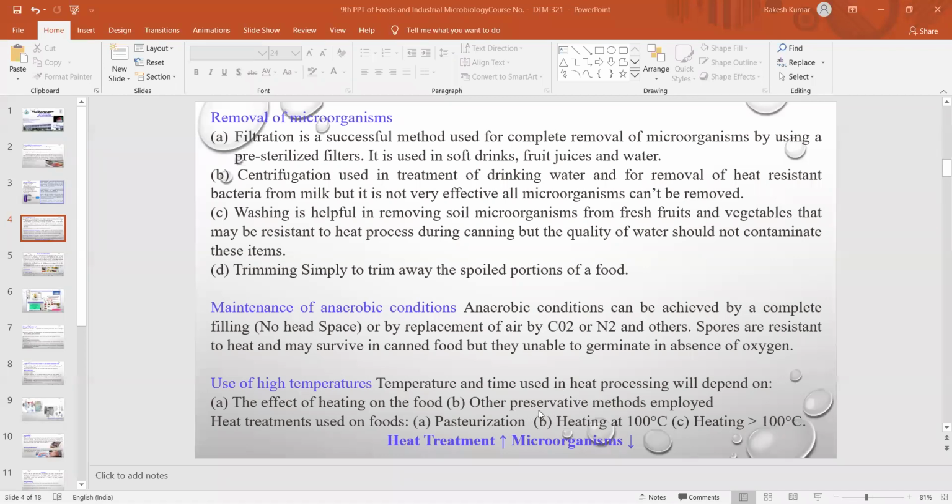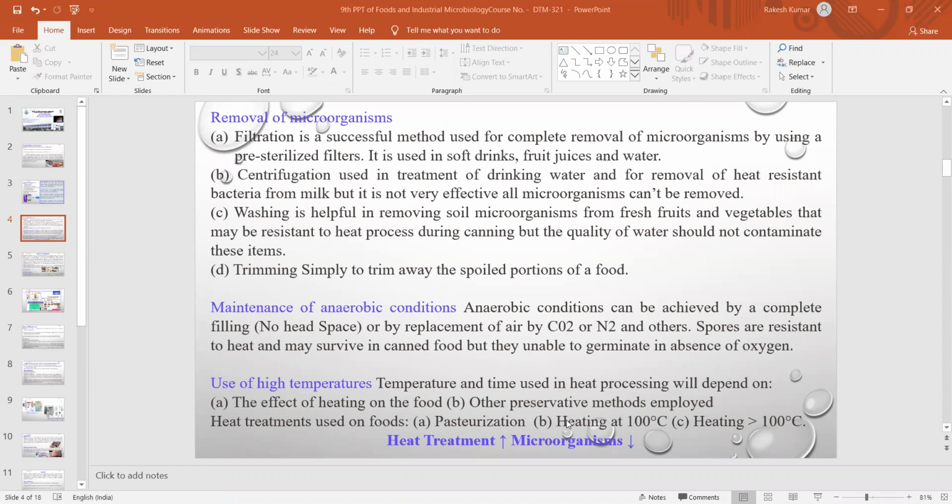Other preservative methods employed: in addition to heating, what other preservation methods are you combining with this heating process? Automatically, the time-temperature combination will be decided considering the other preservative methods employed in that food item.